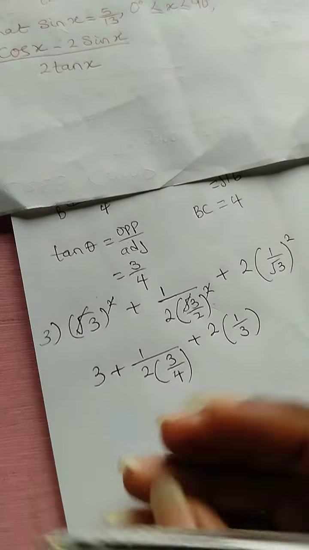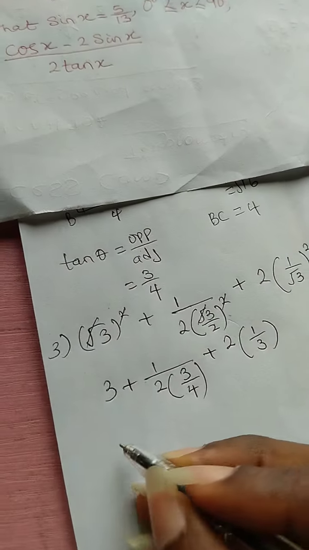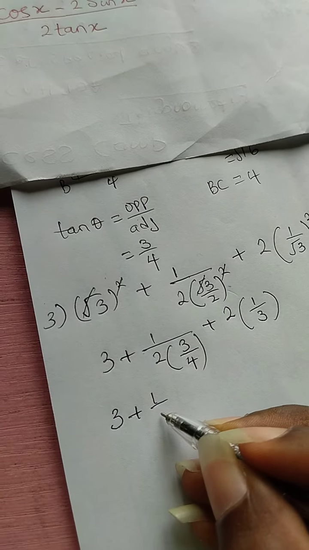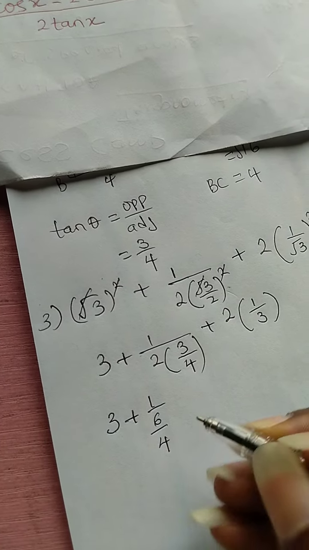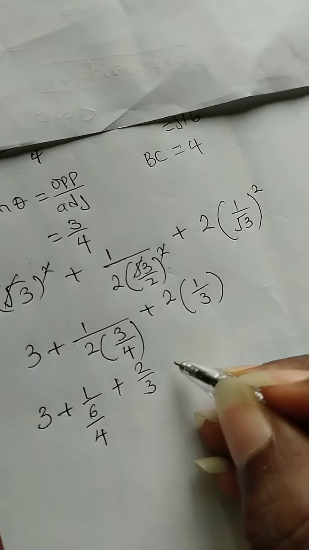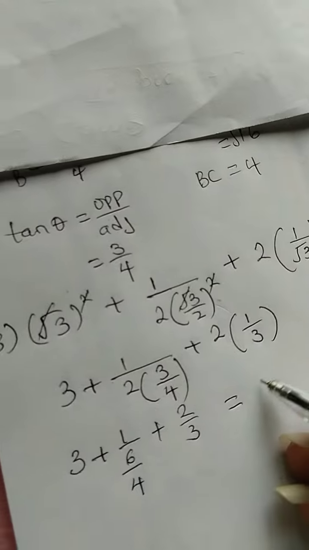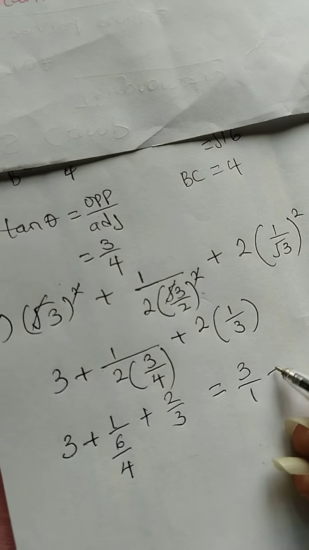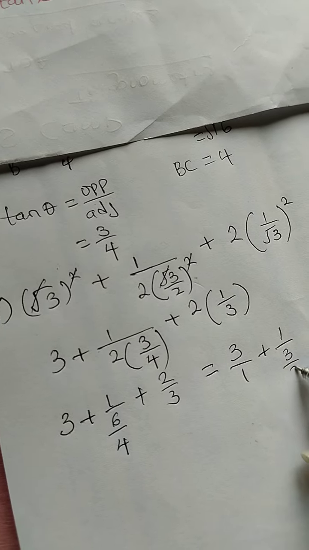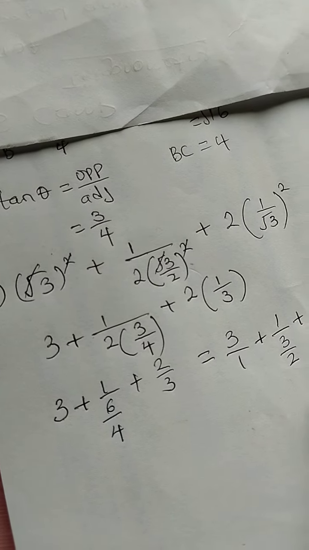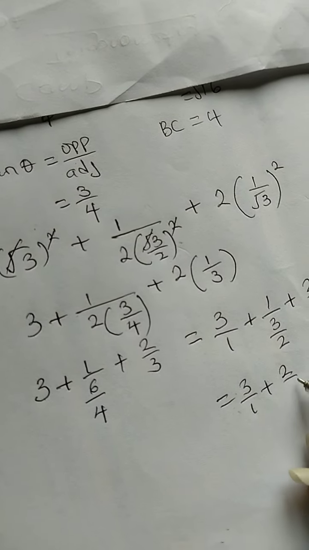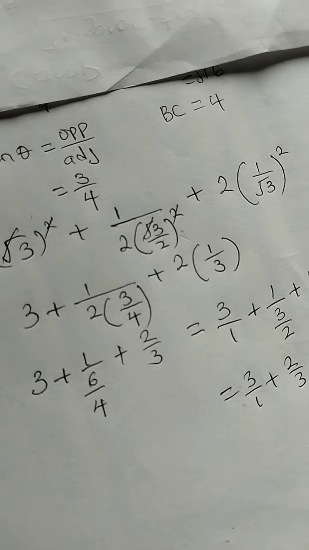So from here I have 3 plus 3/4 plus 2/3, equals 3/1 plus 3/4 plus 2/3.